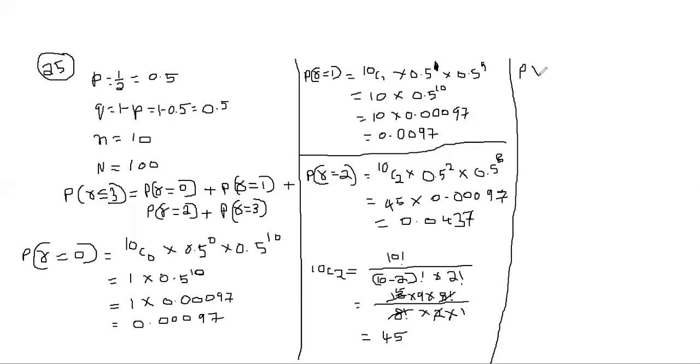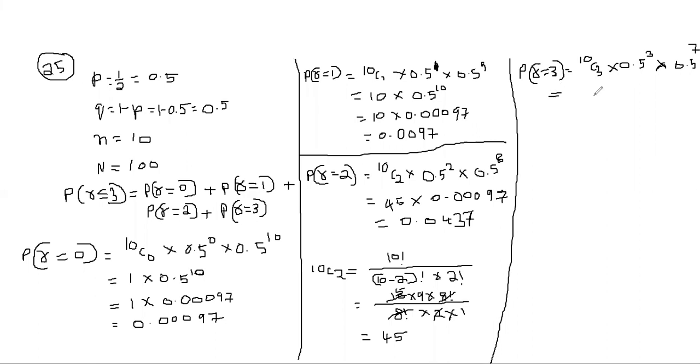Now P of R equal to 3 is equal to 10C3 into 0.5 raised to the power of 3 into 0.5 raised to the power of 7.